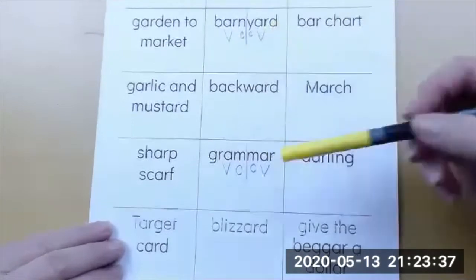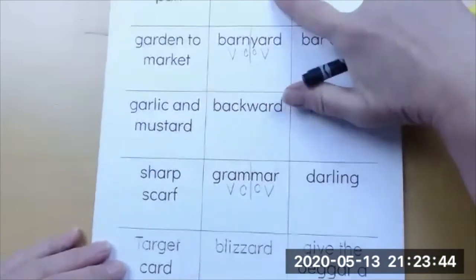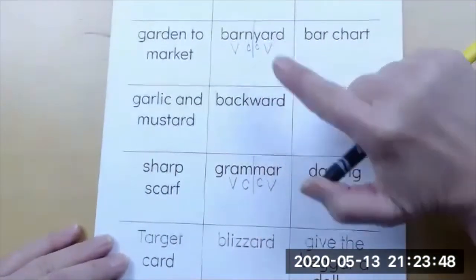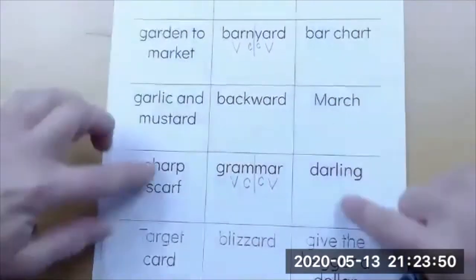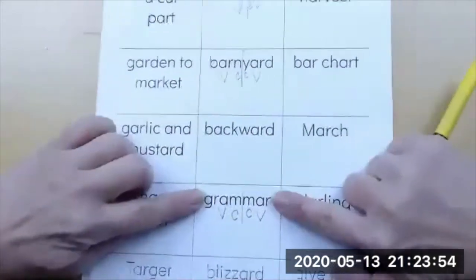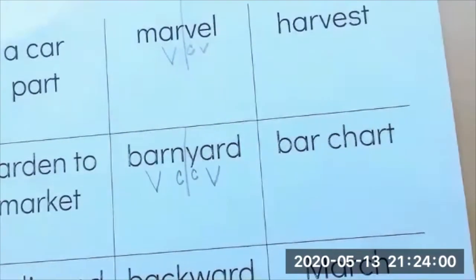Here's one that I worked with a child before COVID. And this child was looking at theirs and marking their words that they couldn't read. So they read all of these fine, but these words they stumbled over. So the words that they stumbled over are ones that I had them mark. I said, go ahead and mark those words.